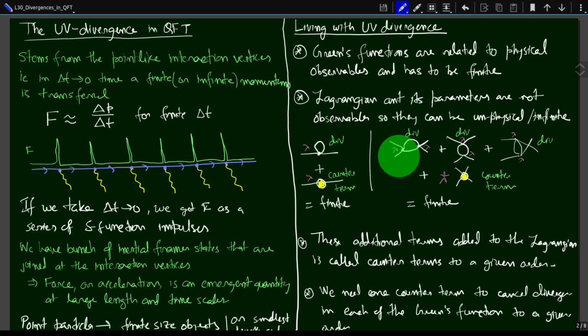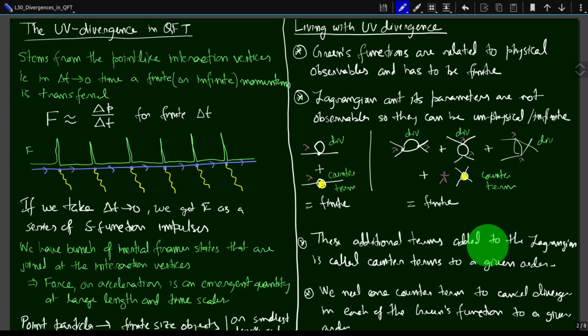Likewise for the 4-point function, which relates to scattering. At one loop I have these order lambda square corrections, and now I add a counter term of order lambda square at a particular chosen energy, such that all the divergences cancel out. So these three diagrams at one loop plus this order lambda square counter term give me a finite number.